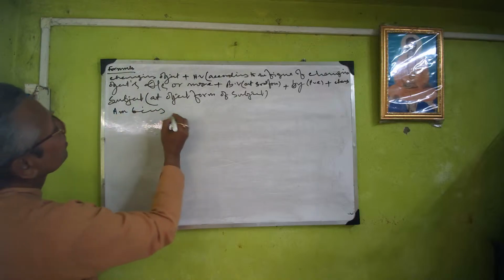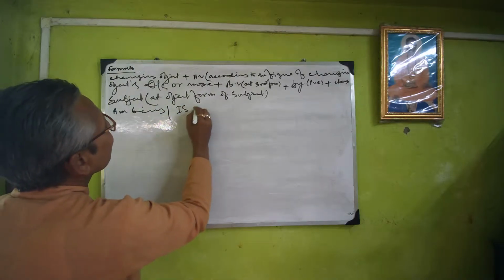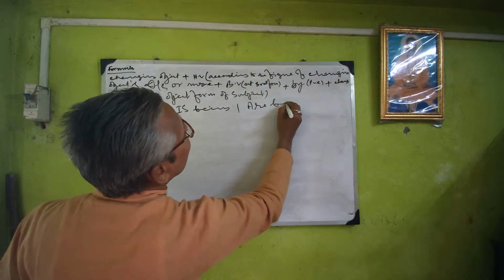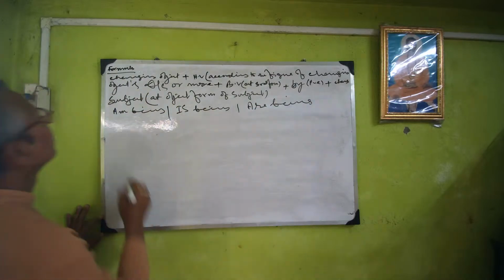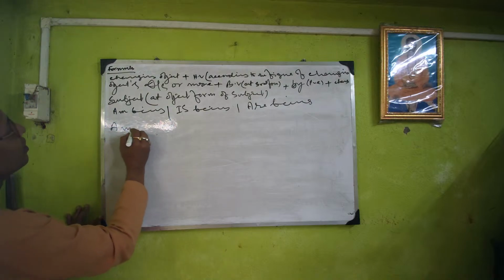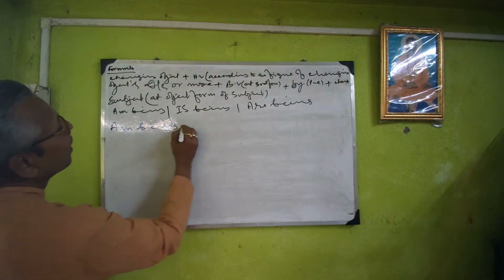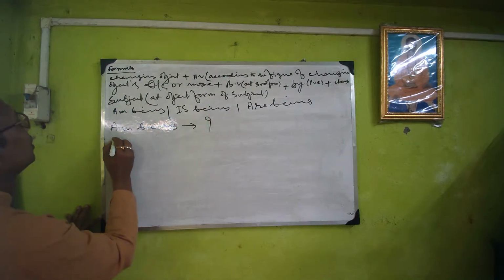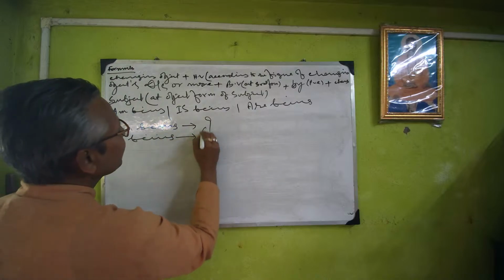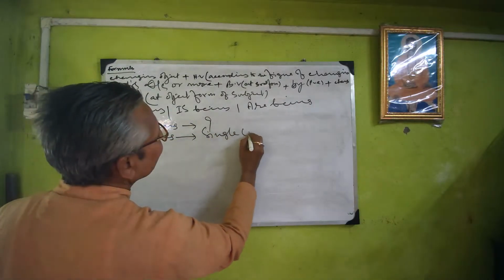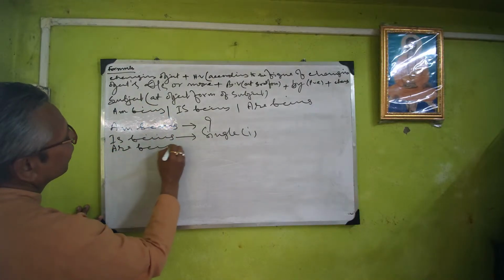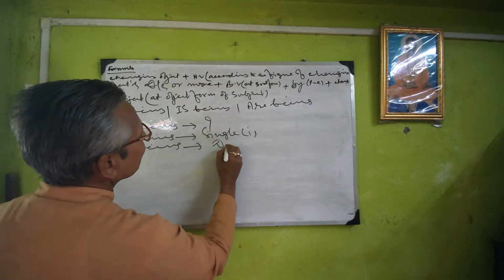Am being, arrow hyphen I, is being, arrow hyphen single, are being, arrow hyphen double.